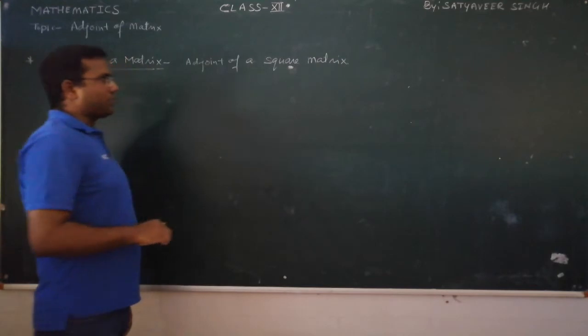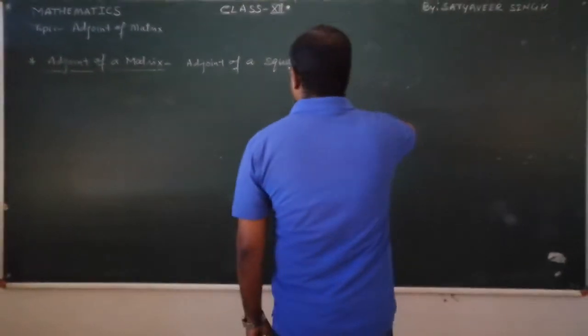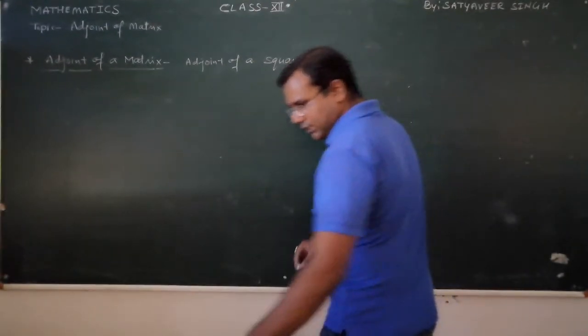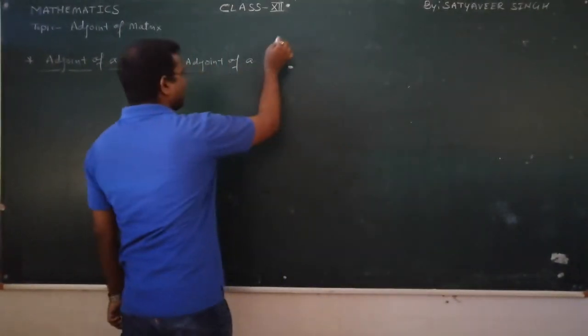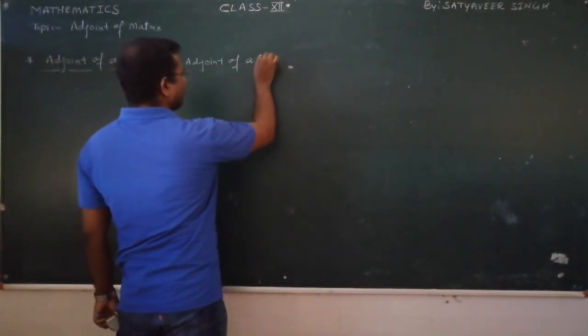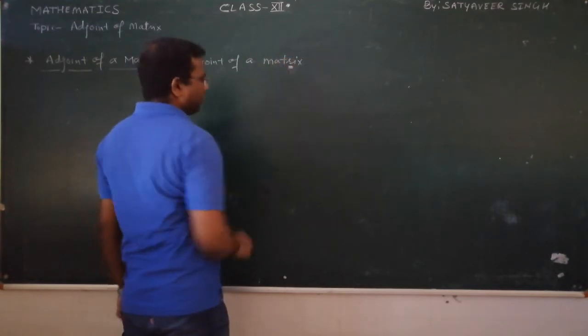If it is not square, then we cannot find the adjoint of that matrix. So better I should write here adjoint of a matrix only, because for a non-square matrix, the adjoint is not possible.